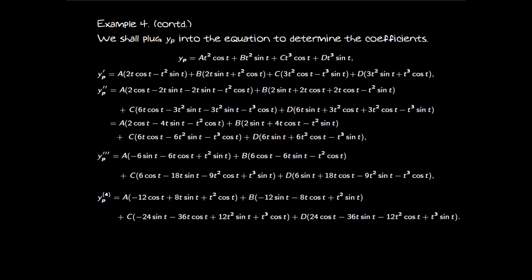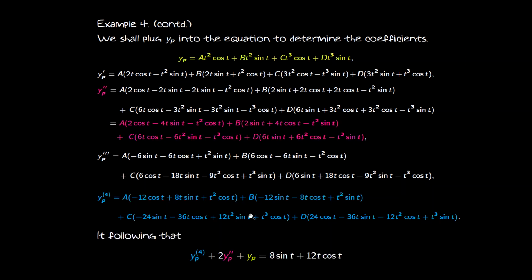And now we can plug them into the equation. We need to use the fourth, the second, and the zeroth derivative. So we simply plug all these things into the equation with the coefficient 2 there, and then compare the two sides.